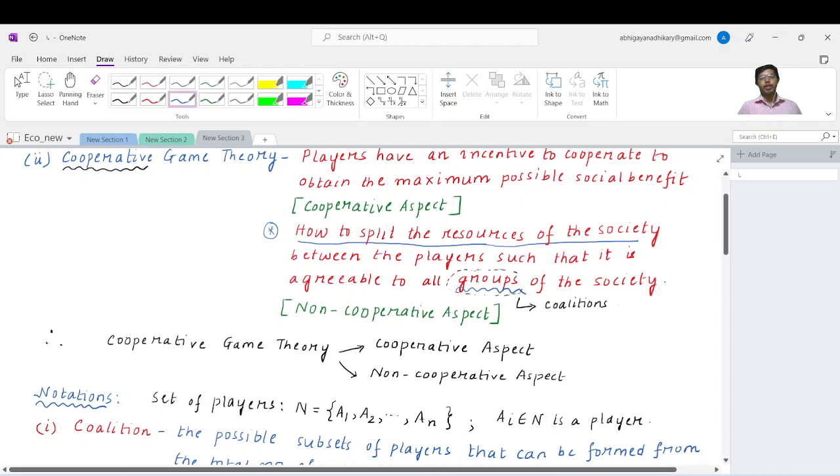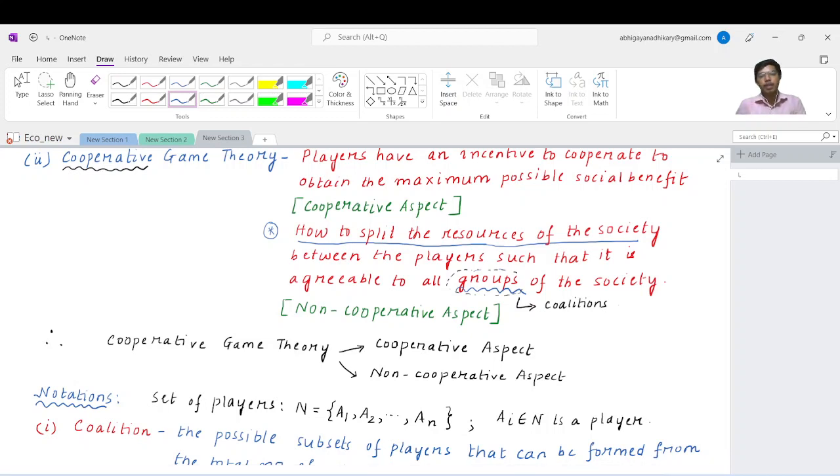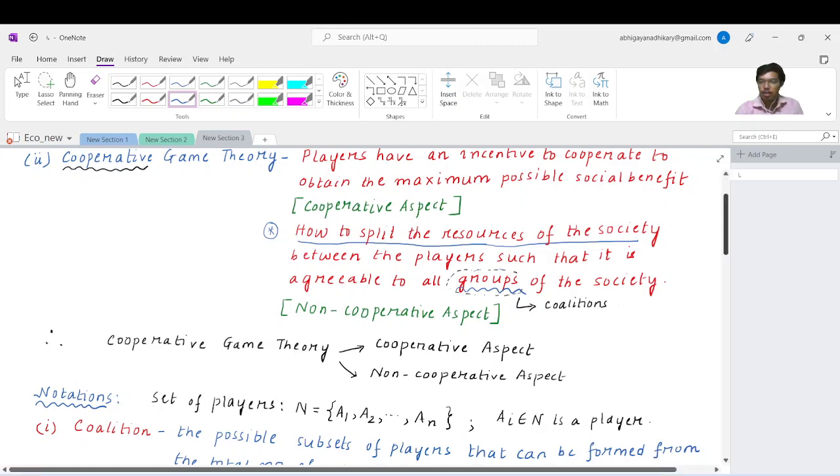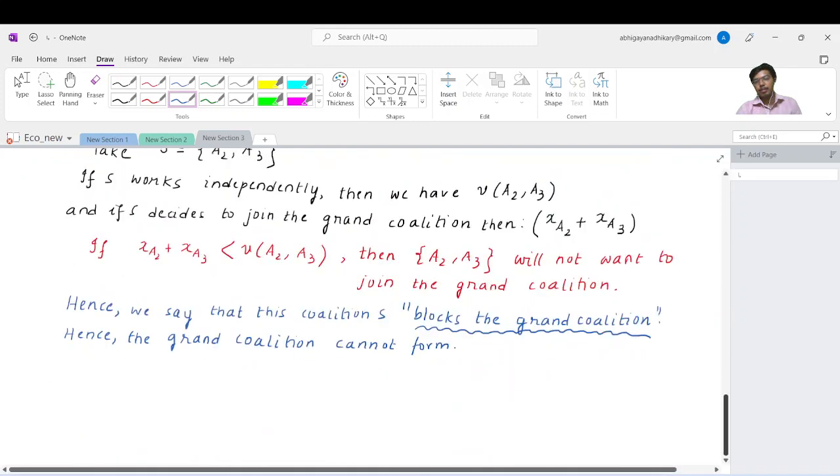Then why will we cooperate and form a grand coalition? So if you want complete cooperation, with all the players cooperating together to form the maximum possible benefit that the society can get, then the split of the resources that you are offering has to be agreeable to all groups in the society, right? So this has to be satisfied. This is a very important condition.